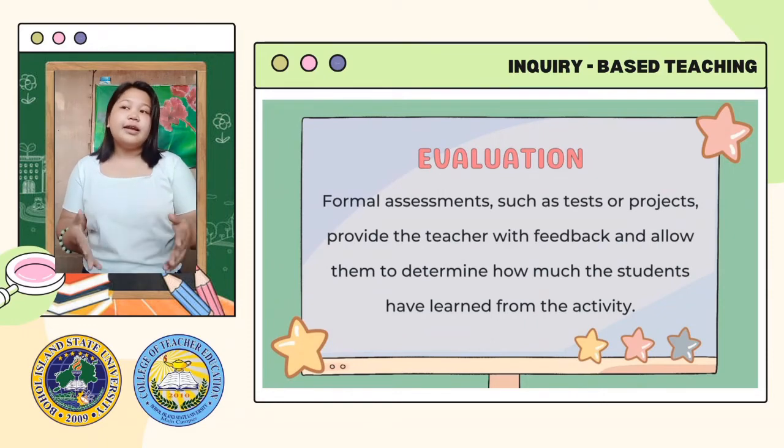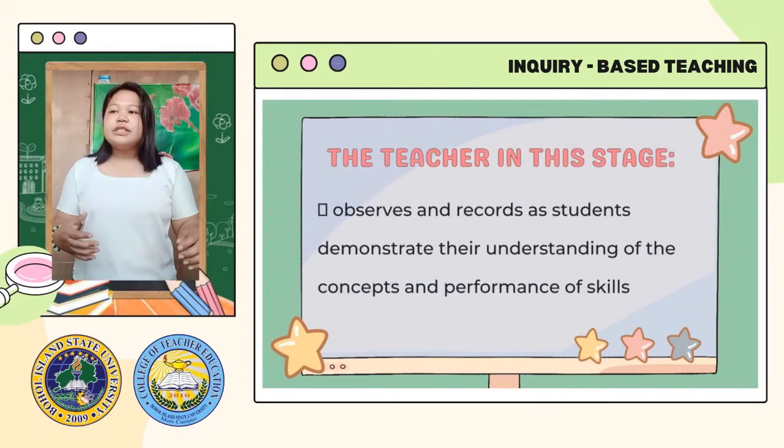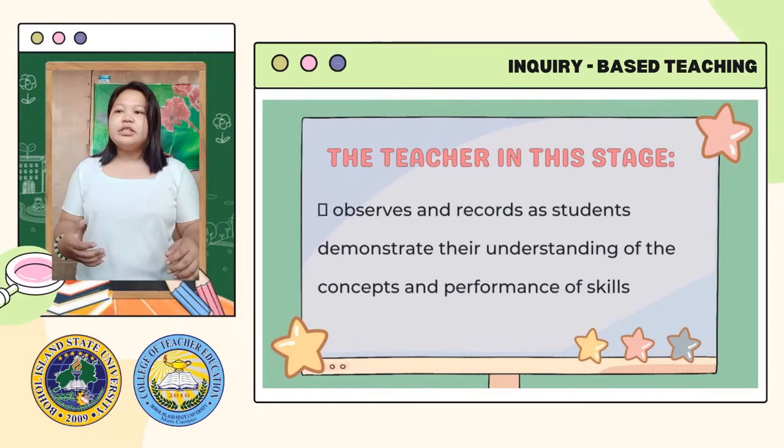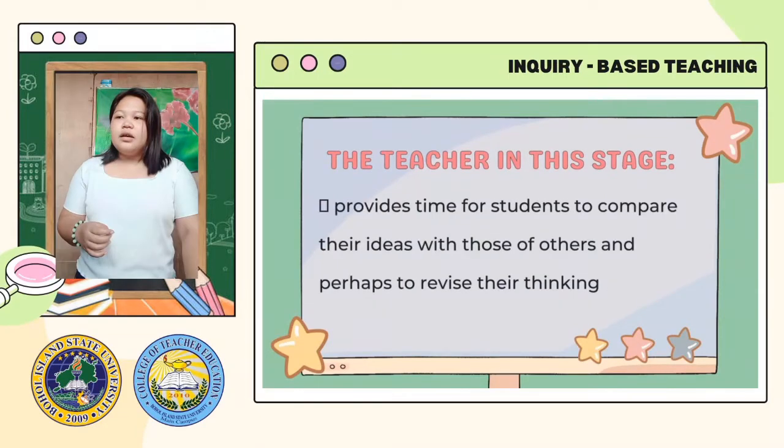The teacher in this stage observes and records as students demonstrate their understanding of the concepts and performance of skills. Teacher also provides time for students to compare their ideas with those of others and perhaps to revise their thinking.